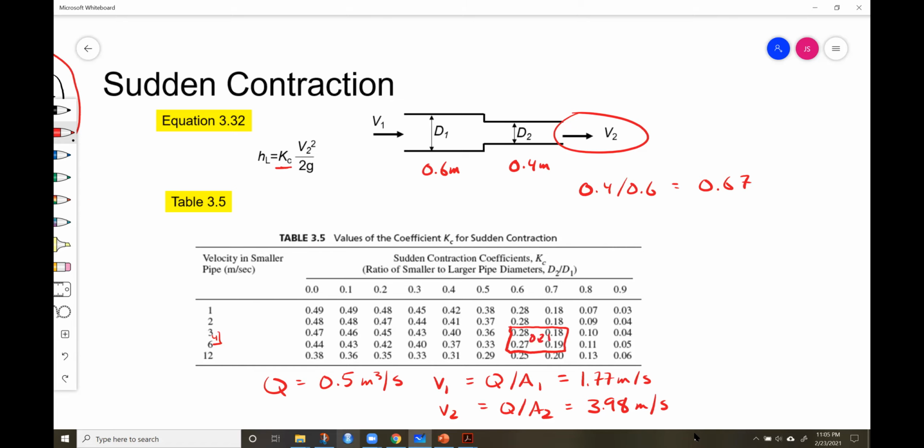So that's a little bit closer to 0.7, right? 0.67 is a little closer to 0.7, and it's a little bit bigger than our values here. Anyway, we'll run with it here. So 0.21 is going to be our KC for contraction. Not the most user-friendly table, but you get the idea.